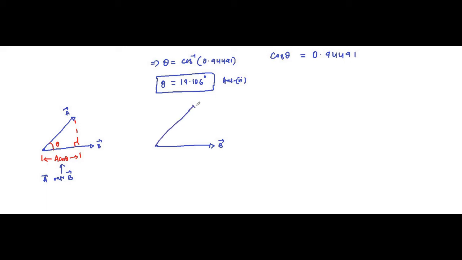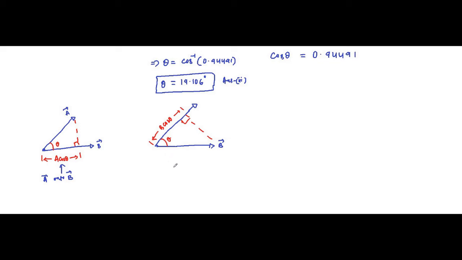Similarly the scalar component of B vector onto A vector. For that we have to draw a perpendicular from B vector to A vector. So it will be something like this. Here the angle is theta, and then this is the scalar component, B cos theta. This is the scalar component of B vector onto A vector.